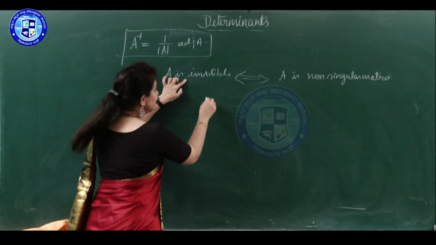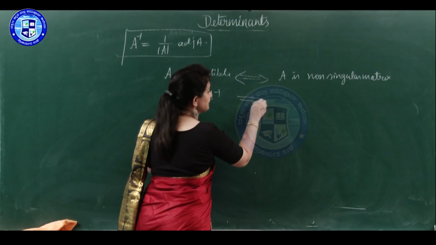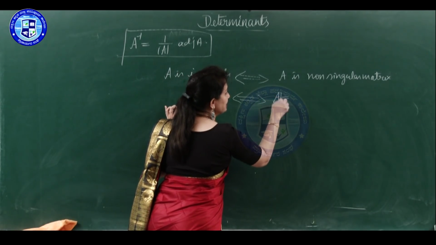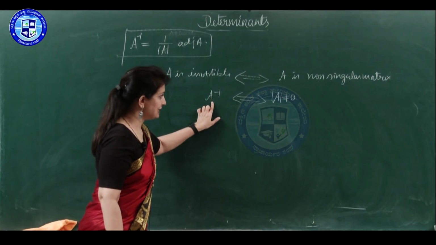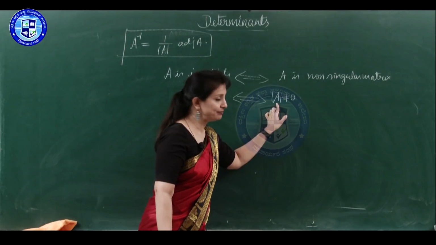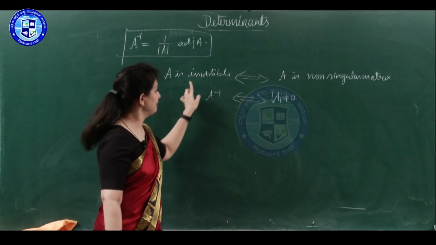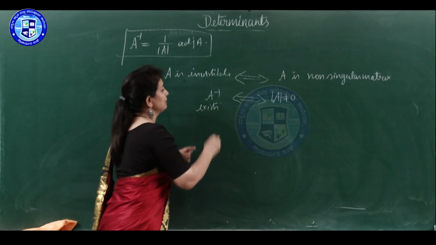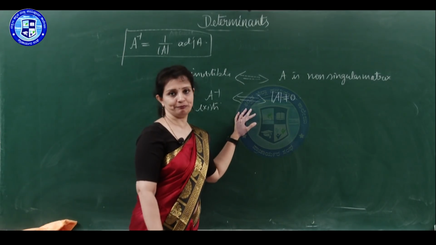That means A is invertible, means A inverse exists. When can you say A inverse exists? If and only if A is non-singular, means determinant A is not equal to 0. So, A inverse exists if and only if determinant A is not equal to 0. That is, A is invertible. So, that is the previous theorem.